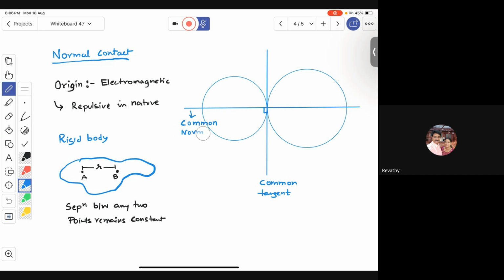How does this normal contact force act? It acts along the common normal. Highlight that point.